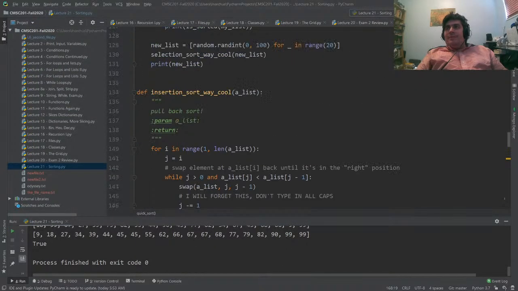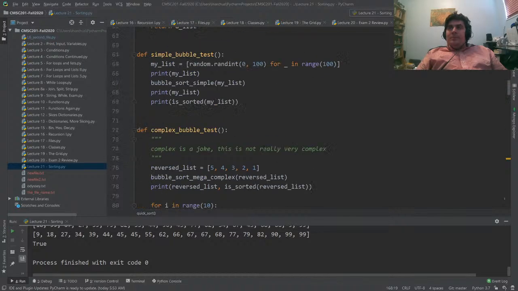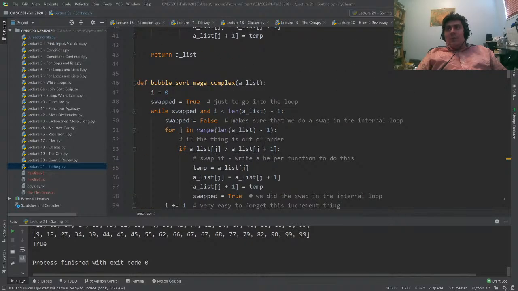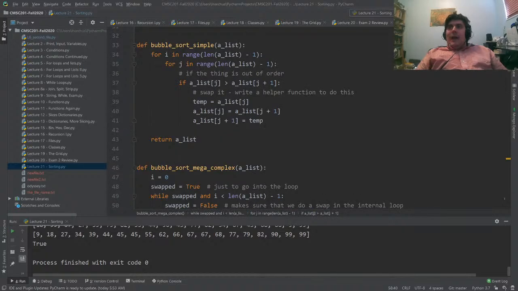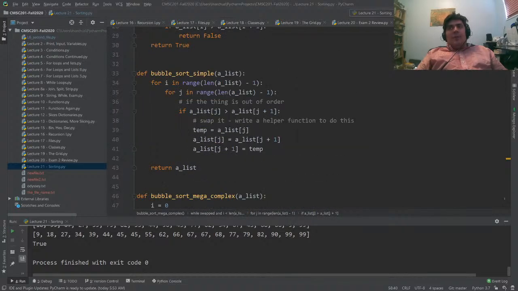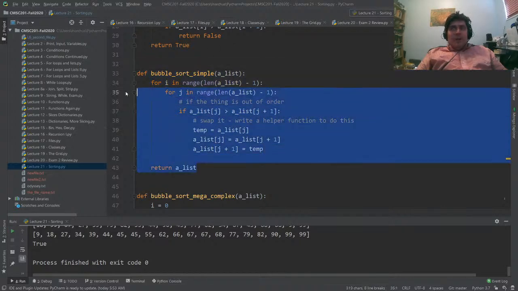Where is bubble sort? Wow, bubble sort's way up here. So let's not look at this bubble sort. Let's look at the simpler version of bubble sort first. And I'm just going to do an example of how to compute big O here. So here's the example of how to compute big O on a function like this.